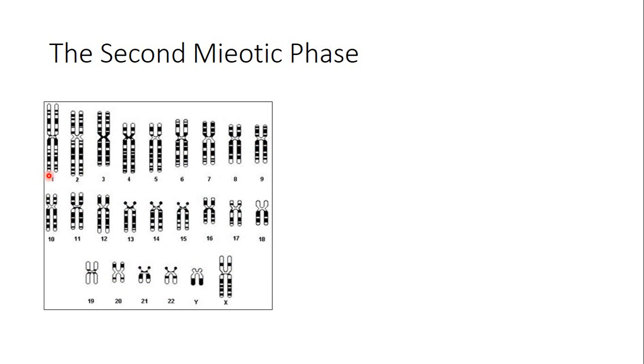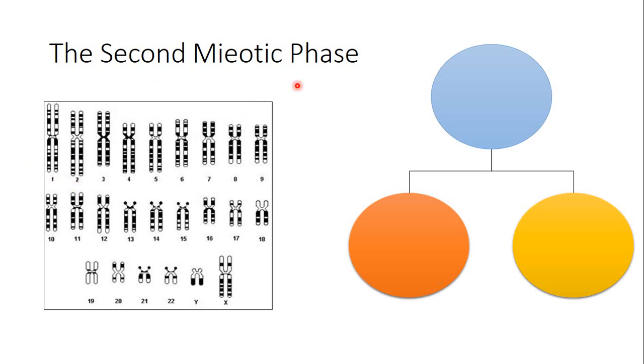In the beginning of the second meiotic phase, I have single chromosomes, but every chromosome is made up of 2 sister chromatids. And at the end of the second meiotic phase, instead of one cell with 23 chromosomes made of sister chromatids, I will have 23 single chromosomes on every side.